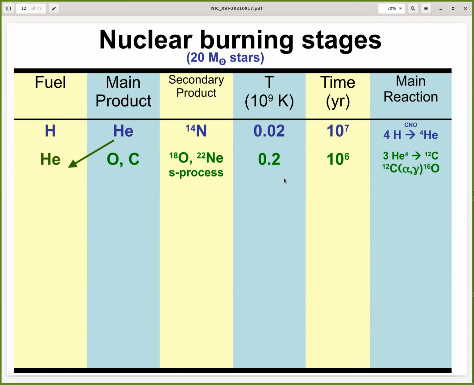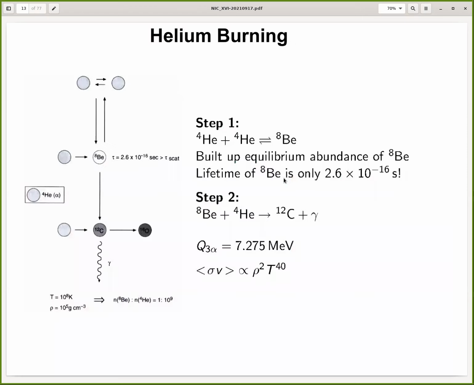So how does that look in detail? Here's the process. You have 2 helium-4 interact. They can make a beryllium-8, but that is extremely short-lived, a few times 10 to the minus 16 seconds. So you make some, it will decay.